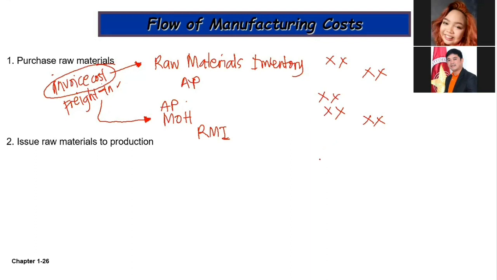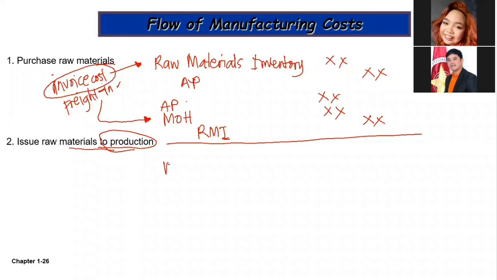Okay? So once we are ready to issue materials to production, anong entry natin? Whenever there is issuance to production, we always debit work in process. Pero para sa raw materials na para sa direct materials. Pero kung ang raw materials ay indirect, we debit manufacturing overhead for the indirect materials and credit raw materials inventory.